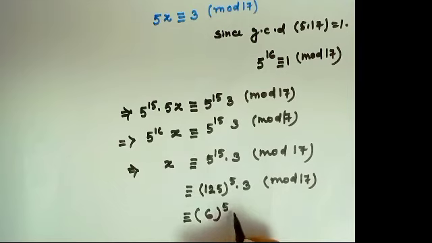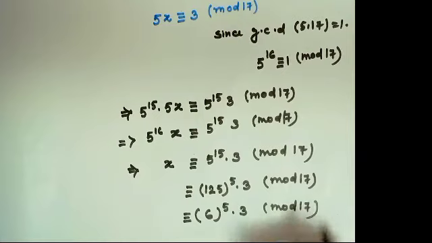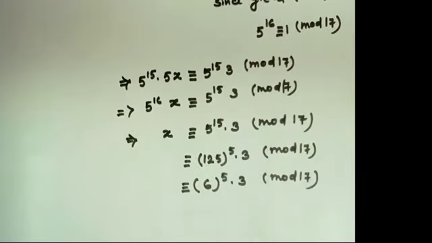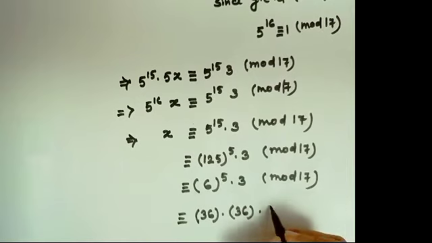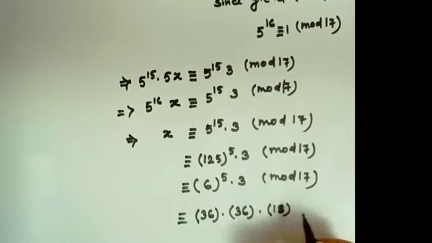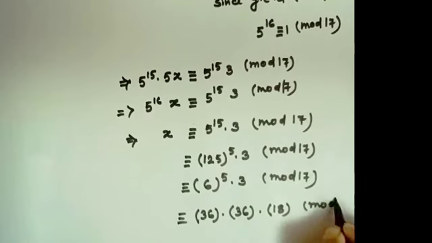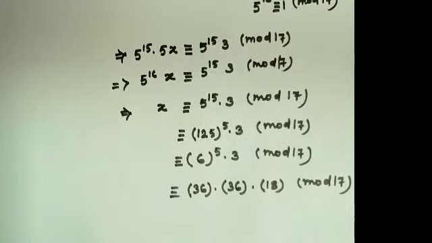So 6 to the power 5 times 3 with modulo 17. This is congruent to 36 times 36 times 18 modulo 17.